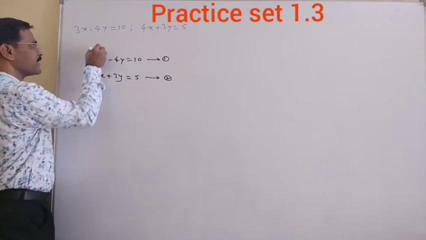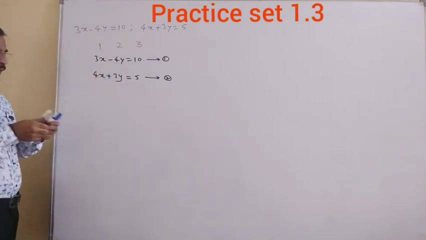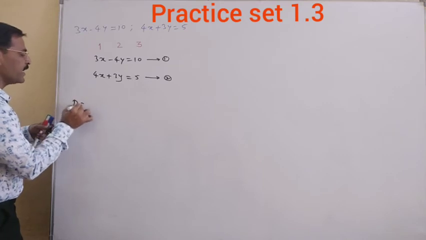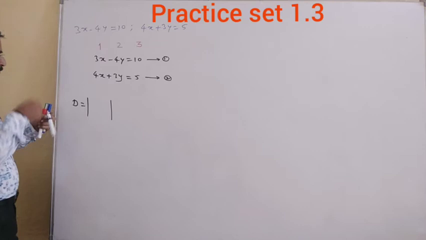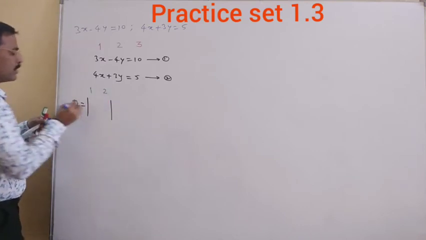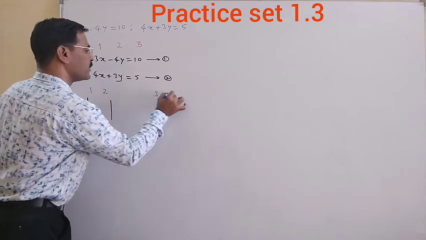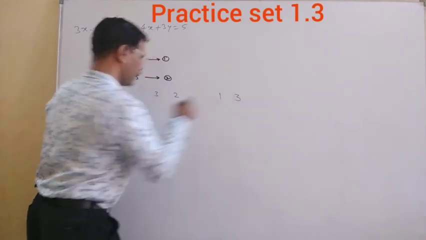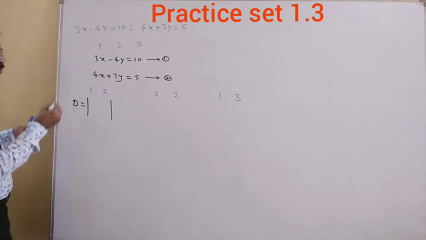Right here, this is the first column, second column, third column, so we cannot make any mistake. First, D means 12, that is the first and second columns. Next we write 32 and then 13. These kinds of ideas and tricks, try to remember to solve the problem.